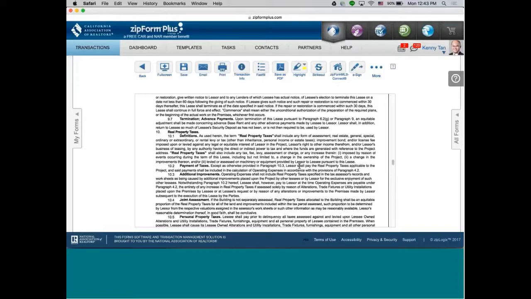So the tenant should not be surprised about getting a bill from the landlord about the operating expense increase due to increase in property tax, because 10.2 does say that the payment shall be included in the calculation of operating expenses. So each year there will be an increase. So this is a modified gross. For modified gross, tenant is still responsible for operating expense increase.